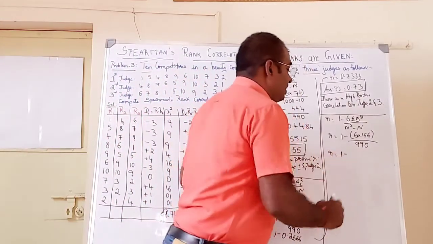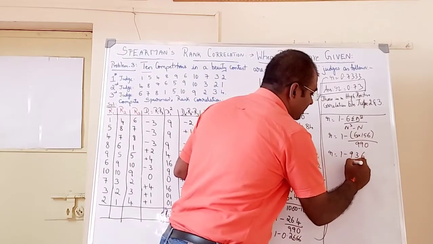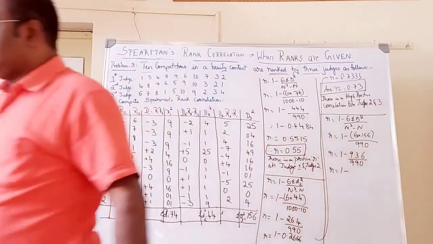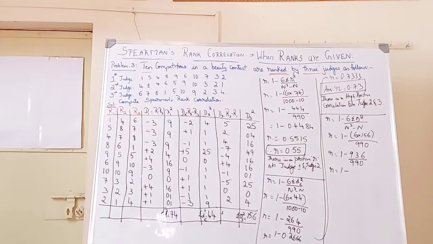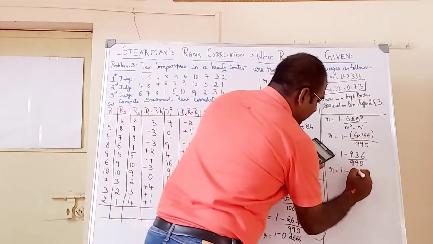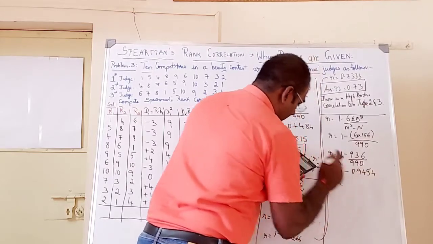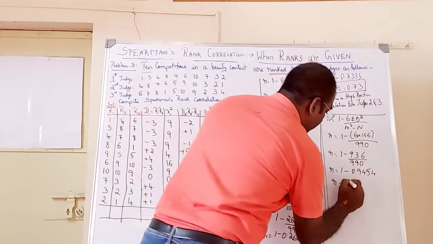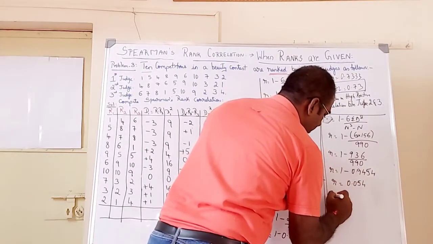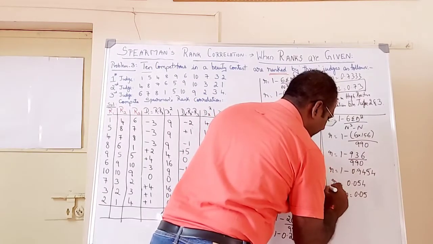R is equal to 1 minus 6 sixes are 36, 36 into 156 is 936, divided by 990. R is equal to 1 minus 936 divided by 990. It is 1 minus 0.9454. R is equal to 0.054. Therefore, the answer R is equal to 0.05.